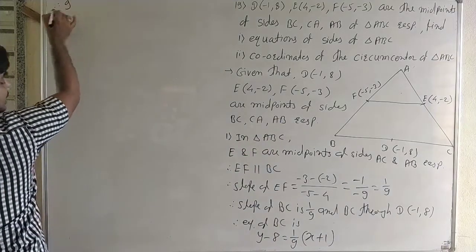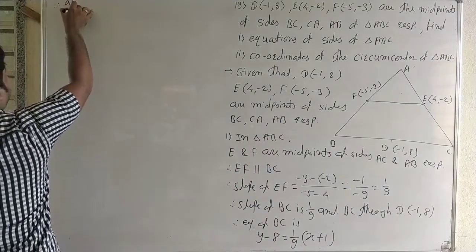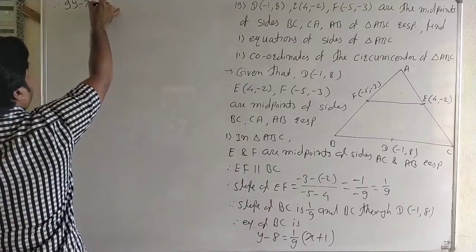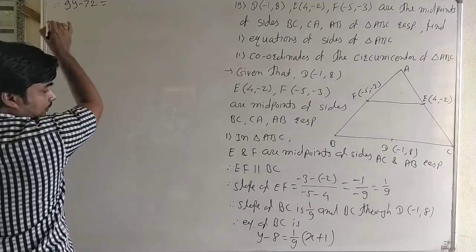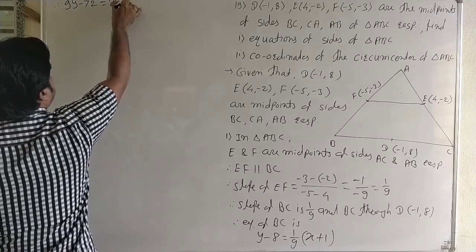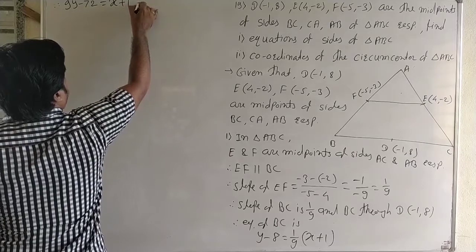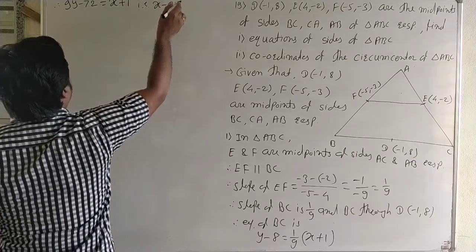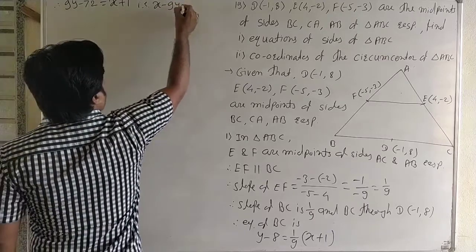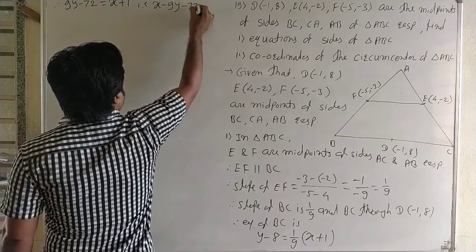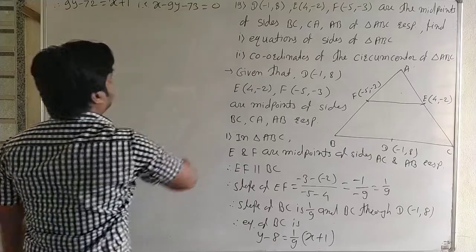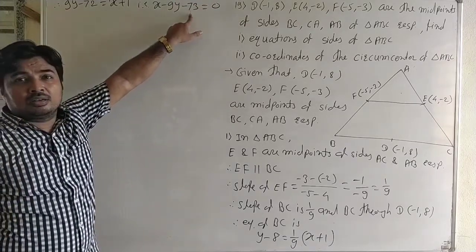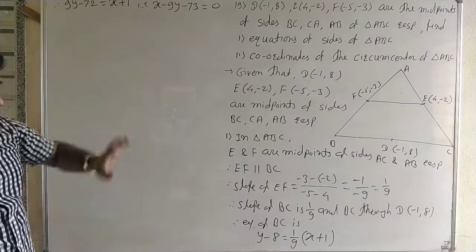Therefore, you can write 9y plus 72 is equal to x minus 1, that is x minus 9y minus 73 is equal to 0. It is the equation of BC.